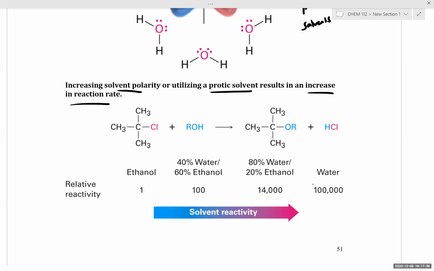So the more your solvent has a polar and most importantly a protic nature, the faster the rate of SN1 reaction. Does that make sense to everyone? Perfect.